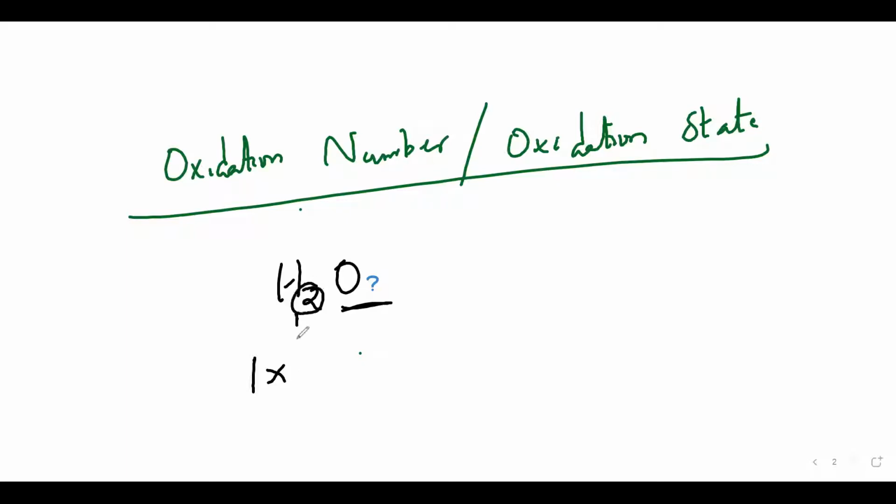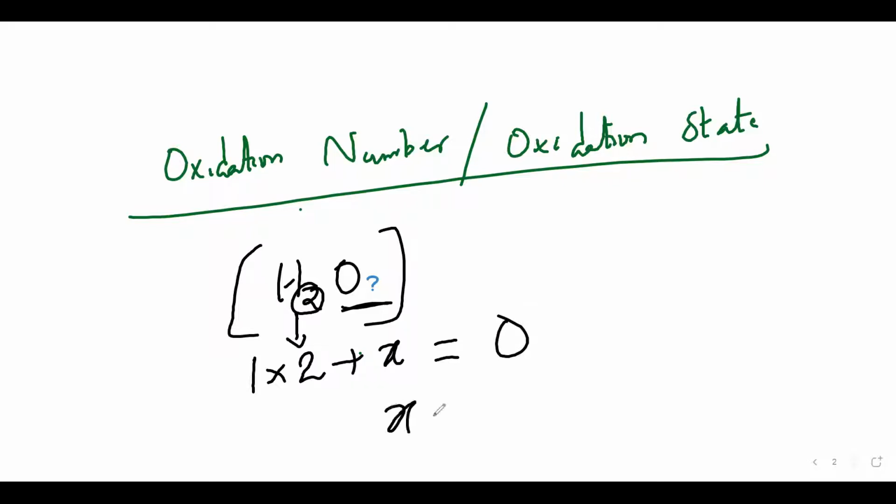And this 2 we have to mark here, 1 into 2 plus x, and there is no charge here, so equal to 0. So x is equal to -2. So this is my oxidation number or state for oxygen. Usually it is -2.